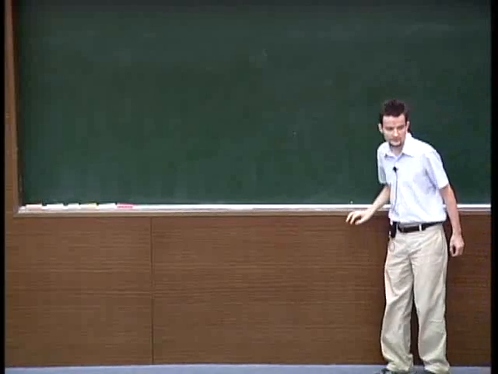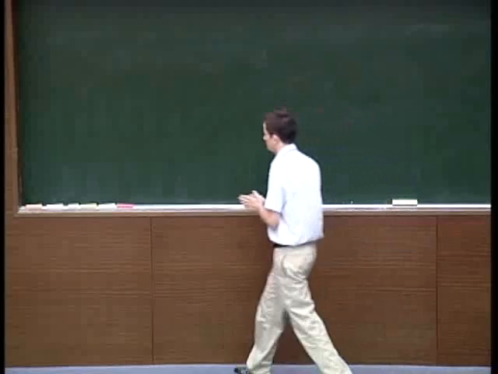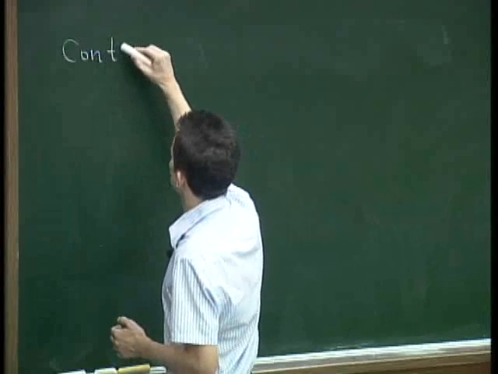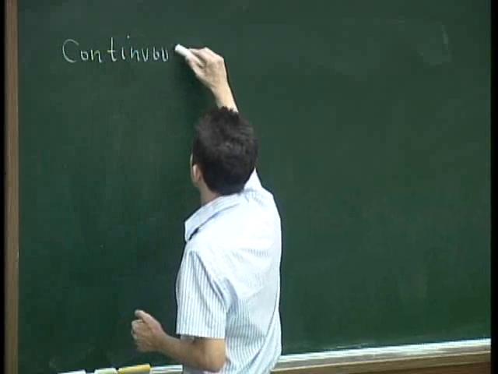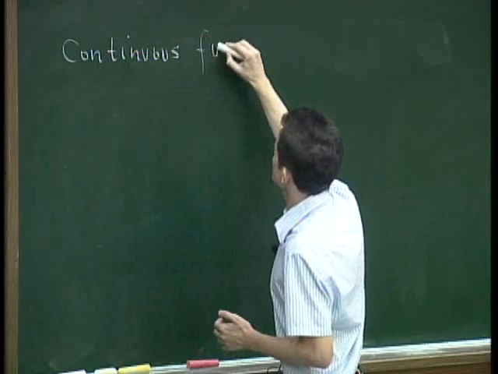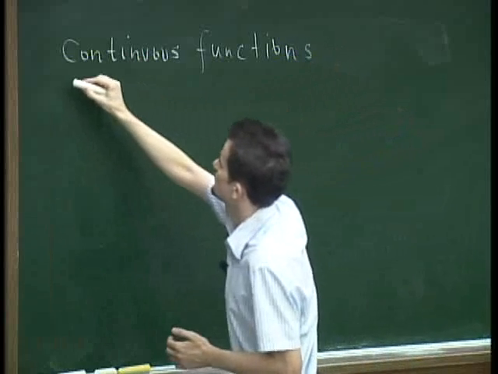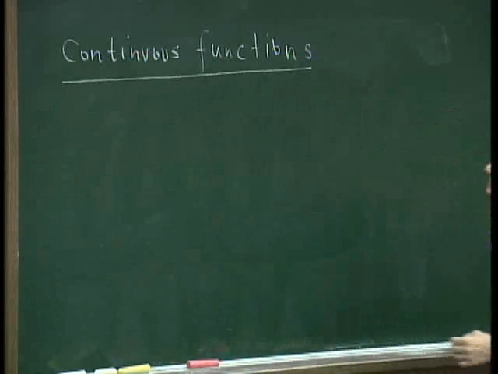Now, the reason why you define limits in high school is because you want to look at continuous functions. So this is the next topic. You have learned this already in high school.